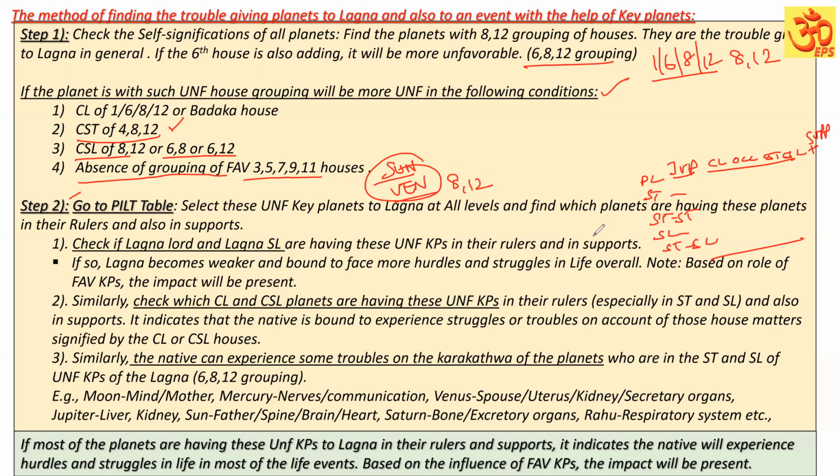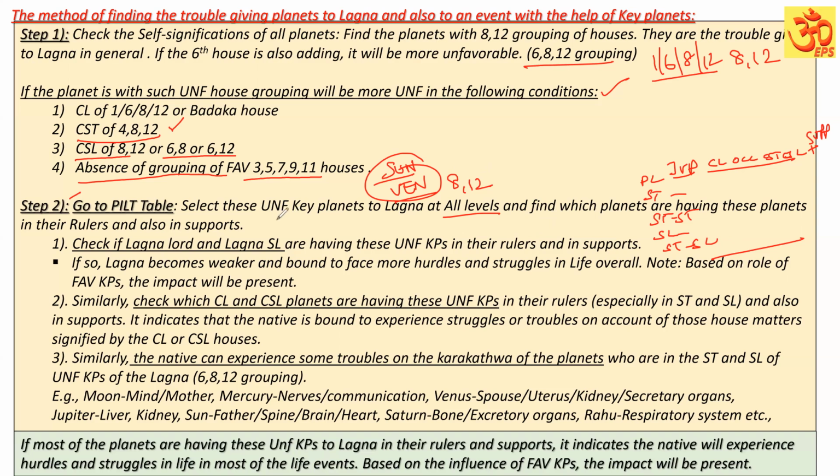So if we want to check these planets' influence or role in other planets, and you check all levels, then the planets which are having the Sun and Venus in their rulers or in supports, in those places that planet's name will get highlighted, so that we can see which planets are having the Sun and Venus in their rulers or in supports. That will be more useful in identifying the planets which are having these selected planets in their rulers or supports, right?